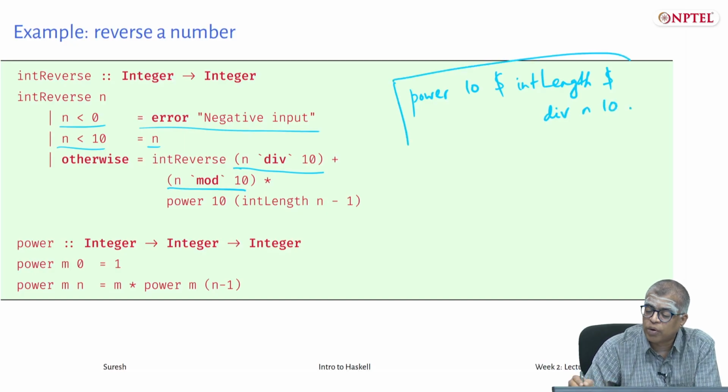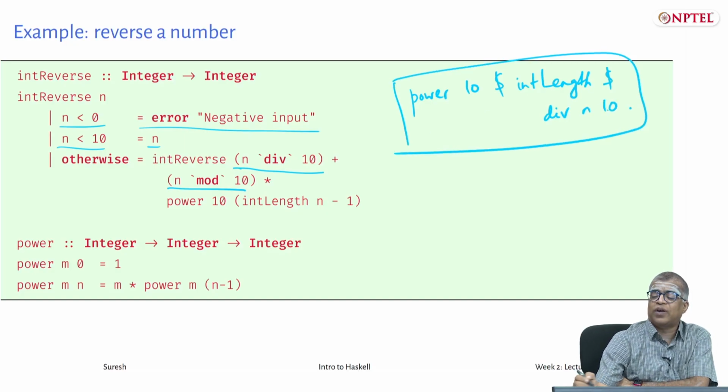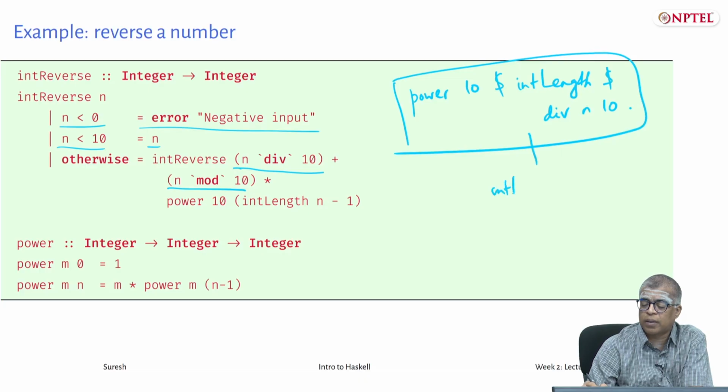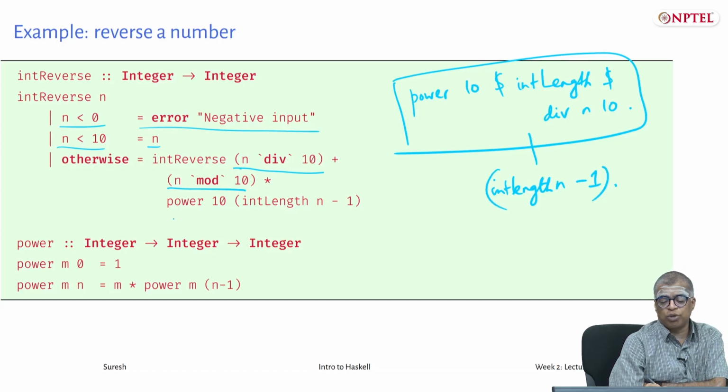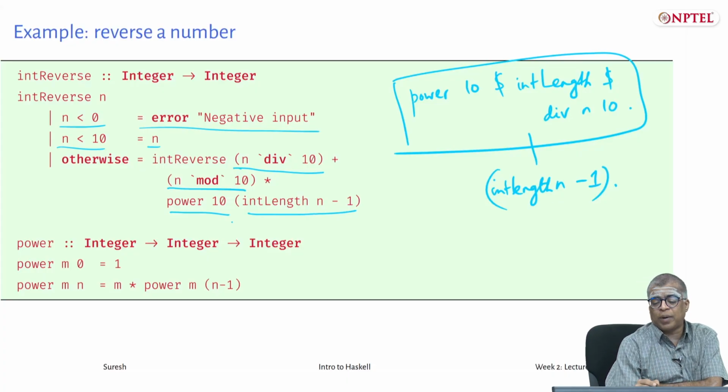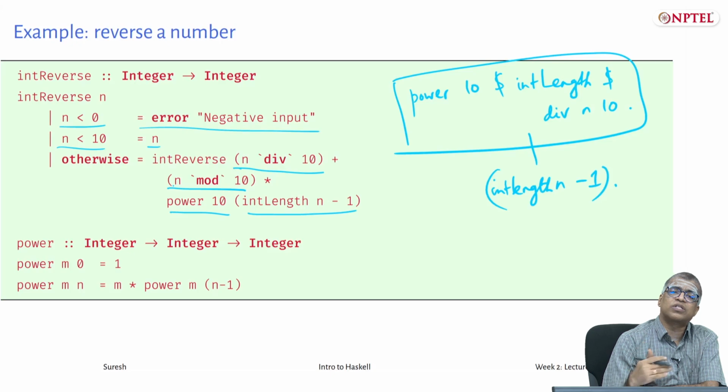Right, this is what you want to compute. But int length of n div 10 is nothing but int length of n minus 1. It makes writing your program easier. So you raise 10 to the power int length n minus 1. That's the appropriate power of 10. You multiply that with the last digit, and then you add it with the recursively reversed digits of n div 10.